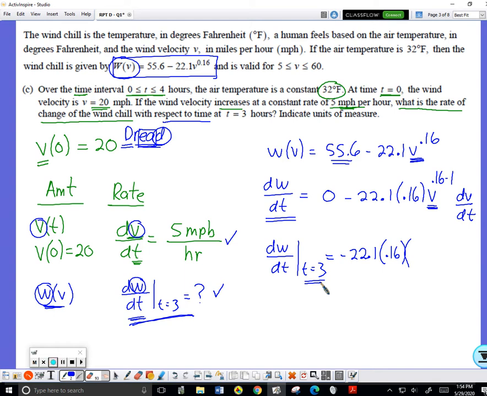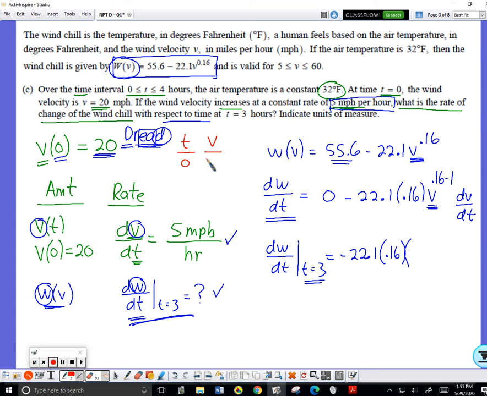But what was tricky is they told us the velocity at time 0 is 20. They also told us the velocity goes up by 5 miles per hour every hour. So that means we're starting at something like this. We've got our velocity and we've got time. That chart's backwards. Let's go the other way. So we've got our time and our velocity.